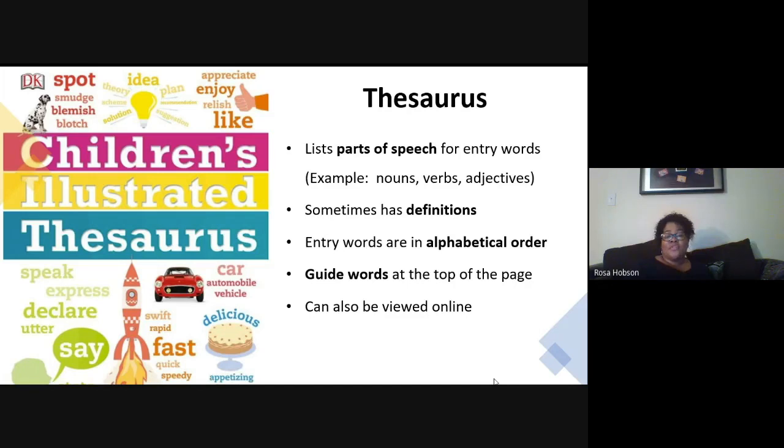The thesaurus also lists parts of speech for entry words, nouns, verbs, adjectives are some examples. There are sometimes definitions in some thesauruses. The entry words are in alphabetical order, and the guide words are at the very top of the page. Some thesauruses can also be viewed online.